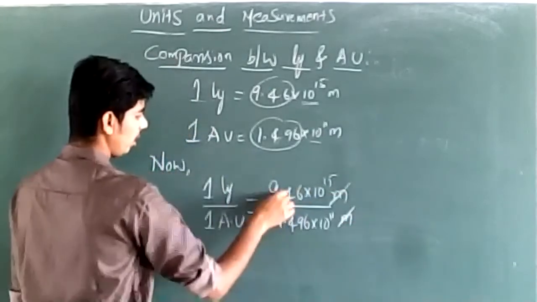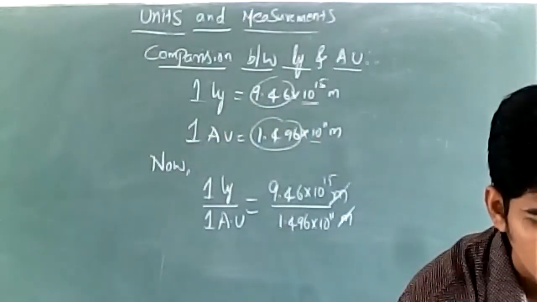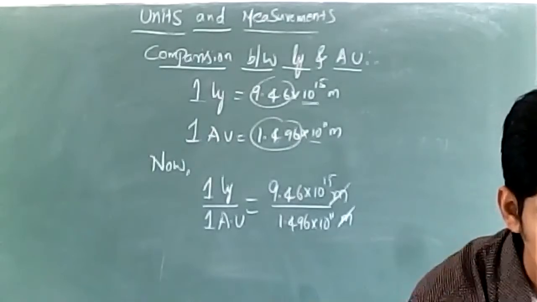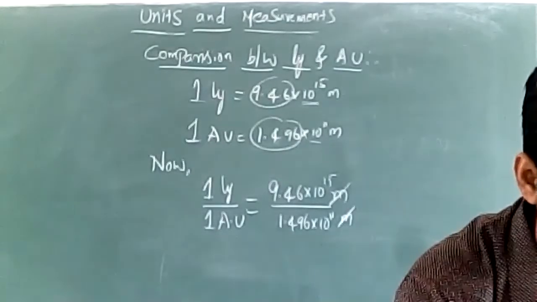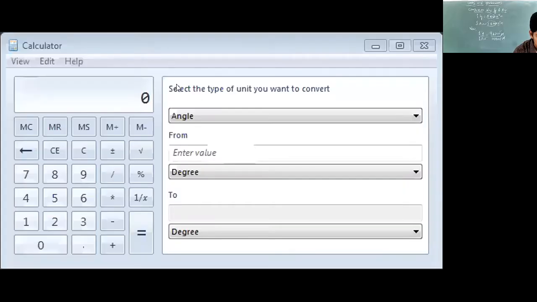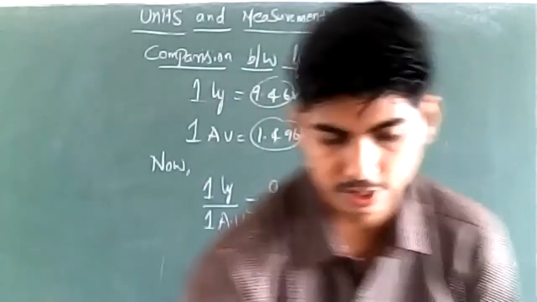Meter gets cancelled. Divide 9.46 by 1.496. 9.46 divided by 1.496, you will get about 6.3.